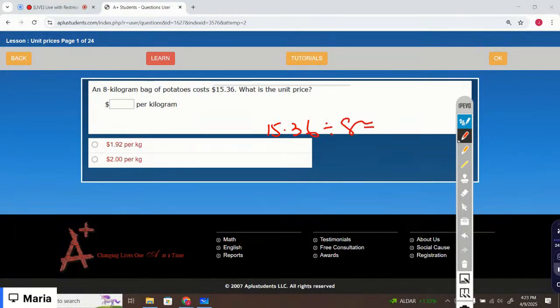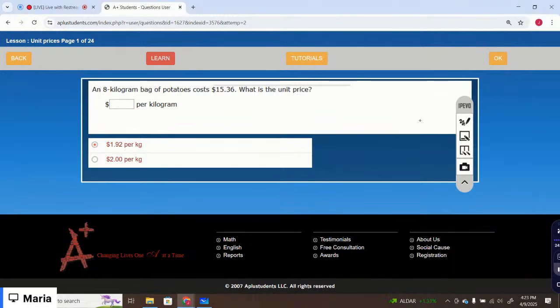So 15.36 divided by 8 is 1.92 per kg. Option number one is the correct option.